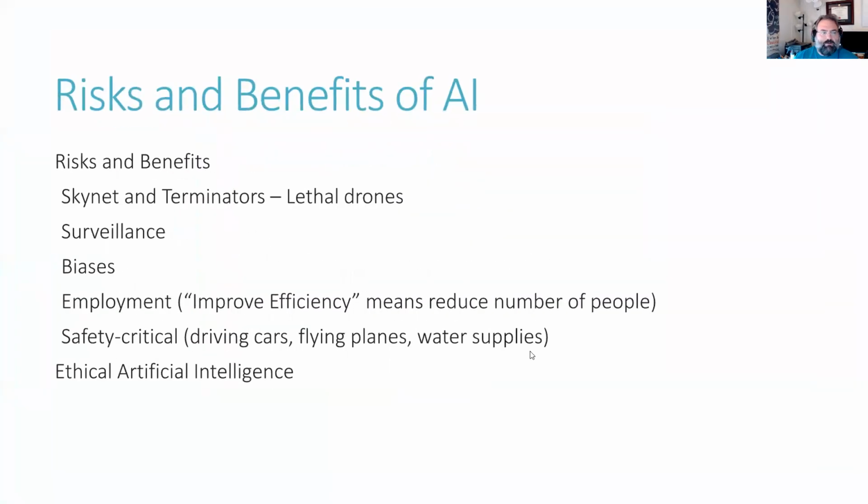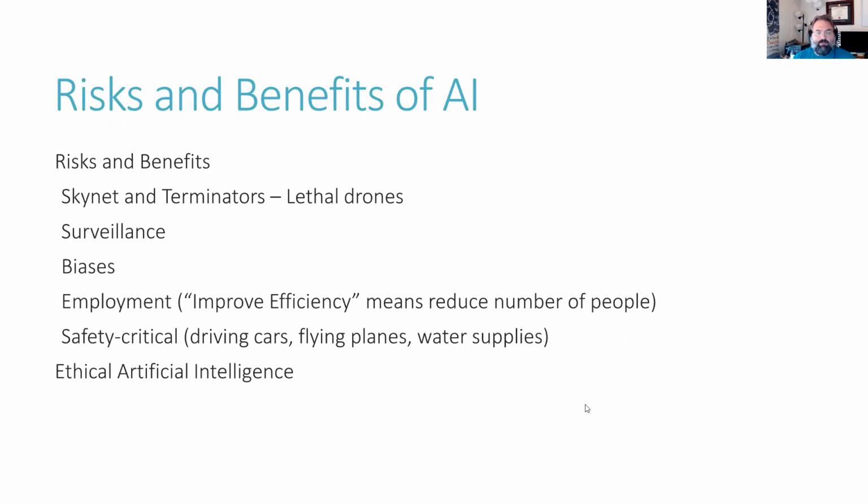So talking about the risks and benefits of AI, the risk is obviously things like Skynet and Terminators and lethal drones and surveillance that is pervasive in our worlds because they can do it in a way that we can't, taking away our jobs and so on, and making sure things are doing stuff from an ethical perspective. Safety, they may actually be better than us. So there are some significant benefits.